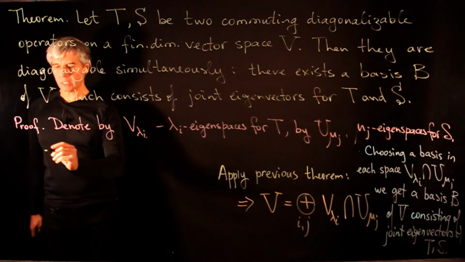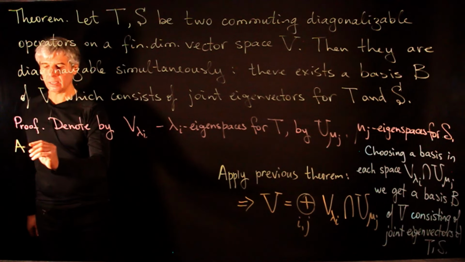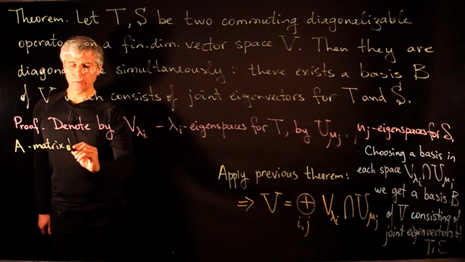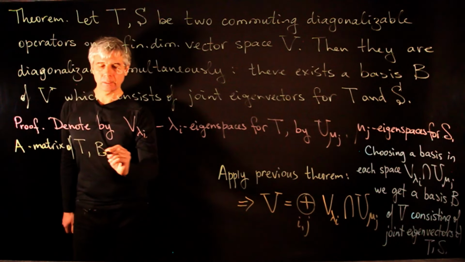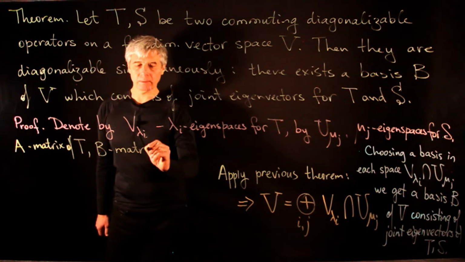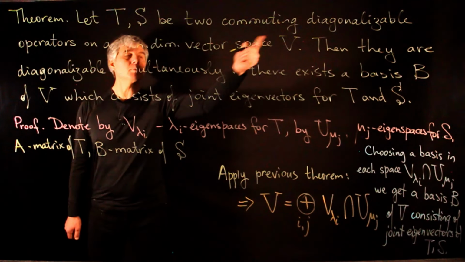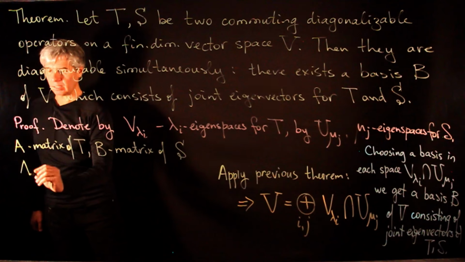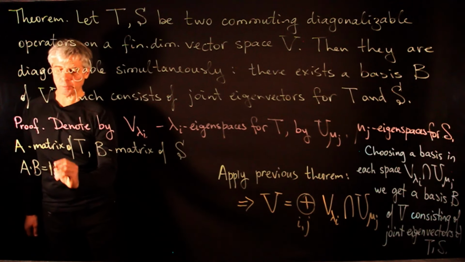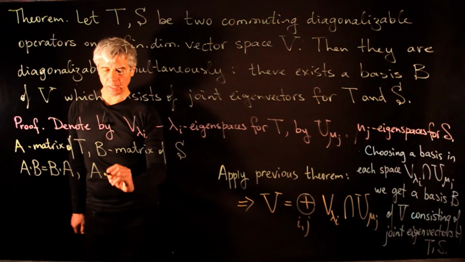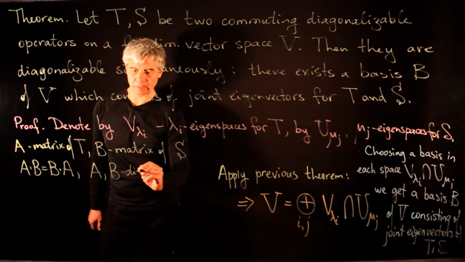In terms of matrices, this means the following: if A is the matrix of T and B is the matrix of S, then the commuting property means that A times B is equal to B times A, and we know that both A and B are diagonalizable.